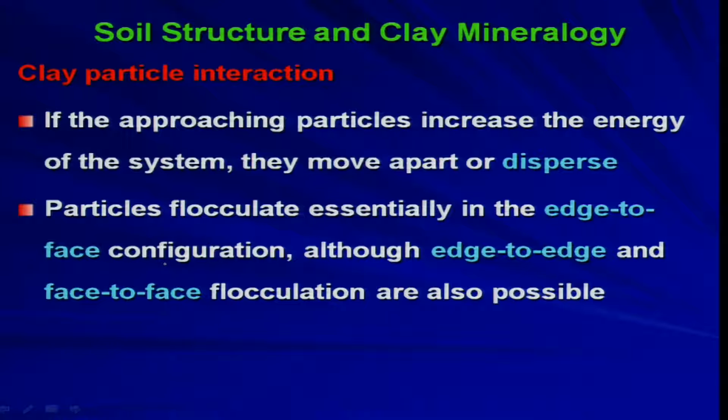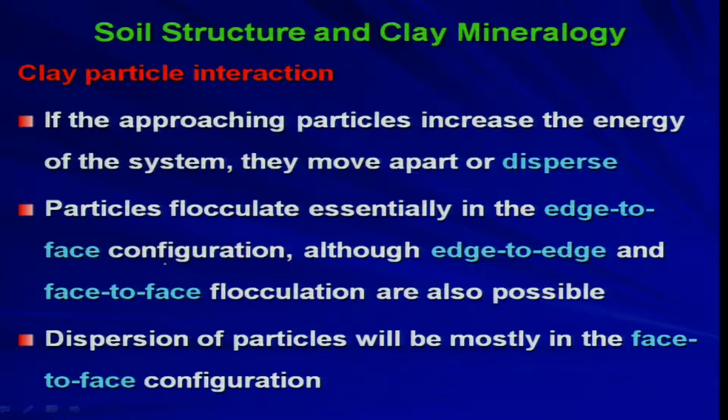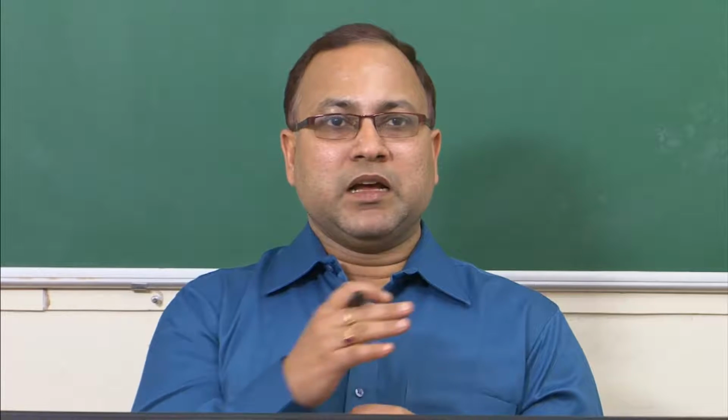Although edge to edge and face to face flocculation are also possible, dispersion of particles will be mostly in the face to face configuration. So, when the soil particles get dispersed, the configuration will be face to face. That means all the particles will be parallel along the faces of the particles.